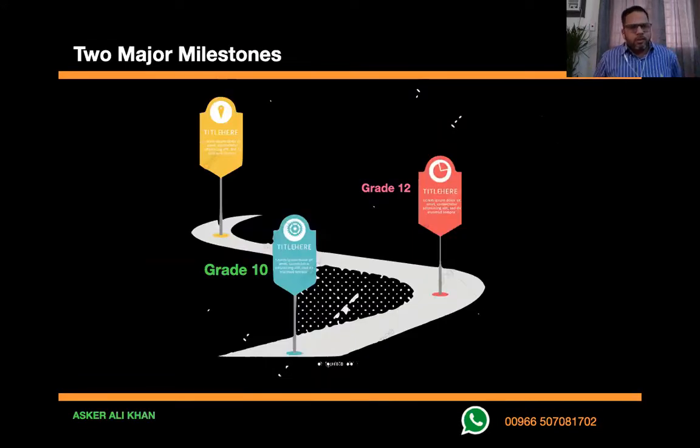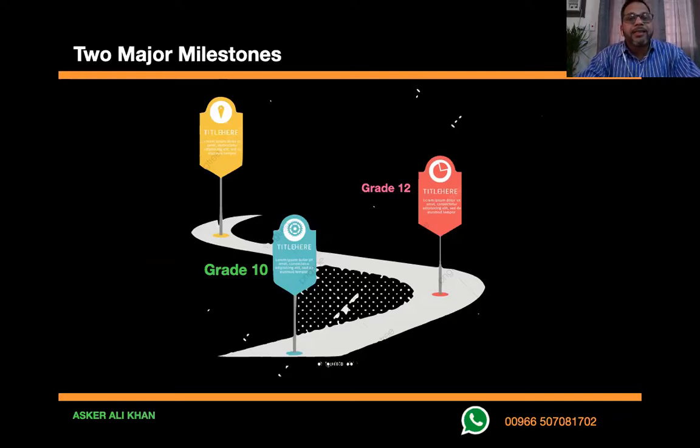Now, students, my focus here, I am addressing you, students, right? In your academic journey, the first milestone that you will come across is grade 10. And this grade 10 is a milestone. Why?